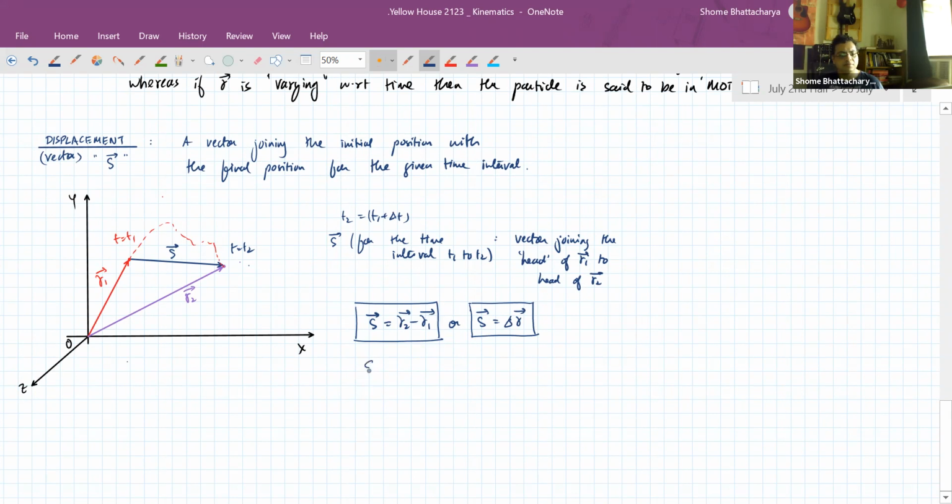So you can see that again, magnitude of displacement is in meters or centimeters or kilometers, miles, whatever. It has dimension of length. And anytime there is motion happening, there will be displacement.